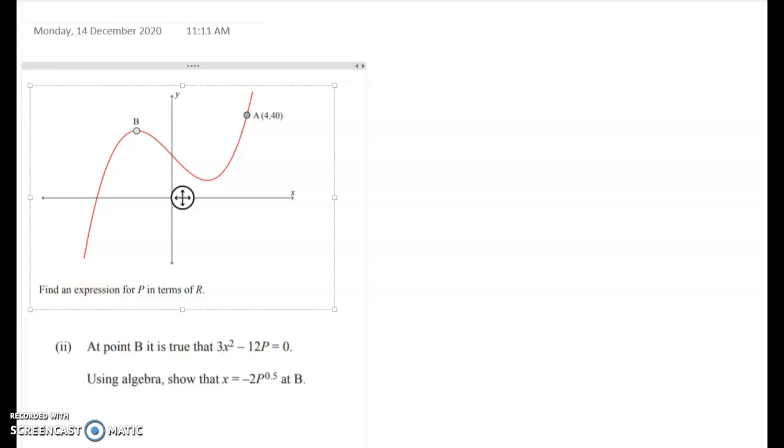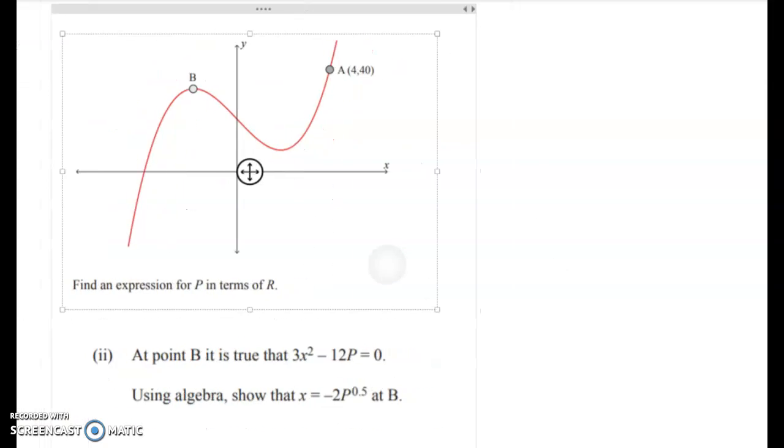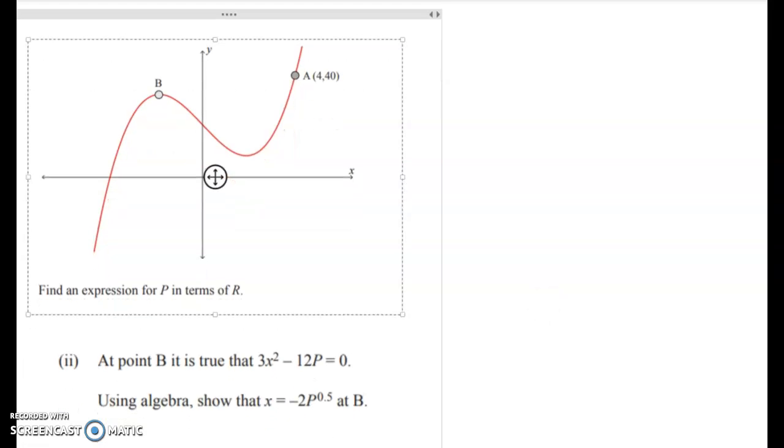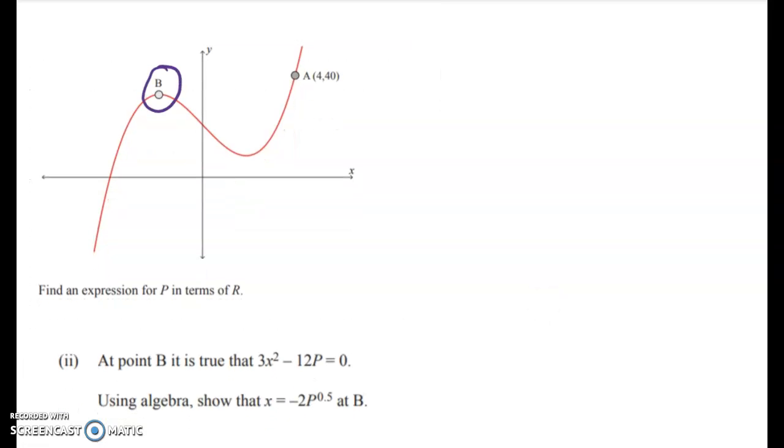So this time, I'll just make that a bit bigger. We're still working with this specific curve, and we're told that at point B, it's true that 3x squared minus 12p is equal to 0. Okay, so we have to use algebra to show that at point B, x is equal to this. So actually we're now moving away to any member of this family, right?